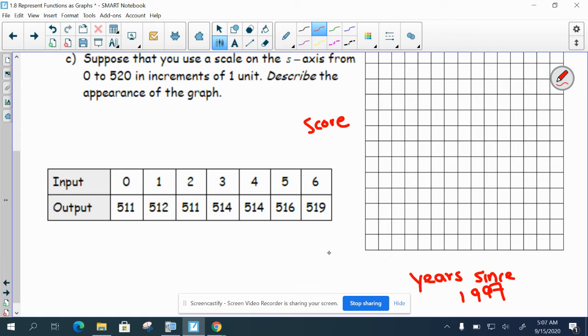So if we were just to start here at 0 and then go 1, 2, 3, 4, 5, 6, we would have all of the space here left over. So in order to actually use this space, we can change the scaling so that it's not every one tick is 1 year, but perhaps every other tick is 1 year. So I'm going to go every 2 ticks represents 1 year. That way we're just spreading out the graph a little bit.